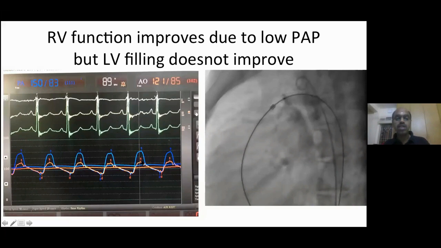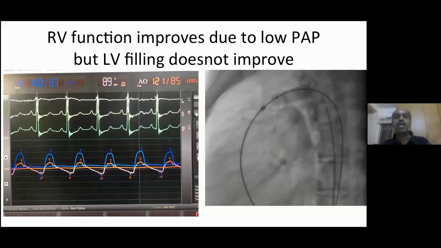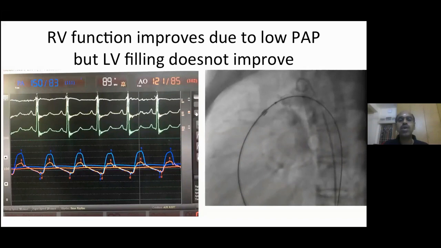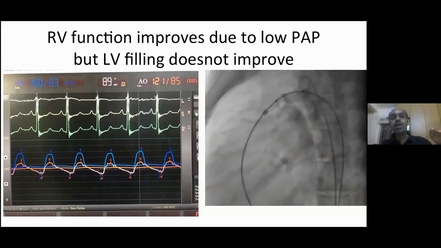On the contrary, PA pressures will be higher because the quantum of blood that is going through the pulmonary valve is much higher than the quantum of blood that is going through the aortic valve. So exactly similar to what I told in a patient who has a large PDA with no pulmonary vascular resistance, where there is a diastolic equalization between the PA and aorta, but in systole aortic pressure is much higher.